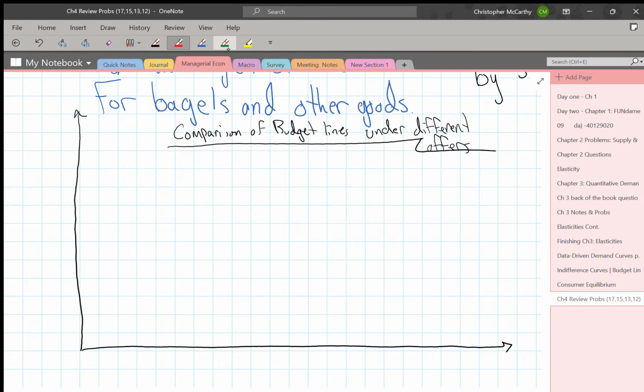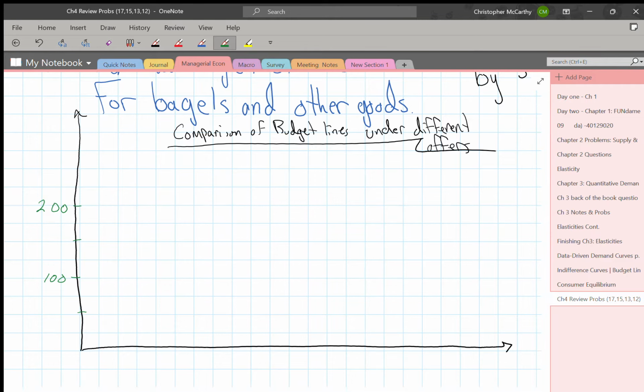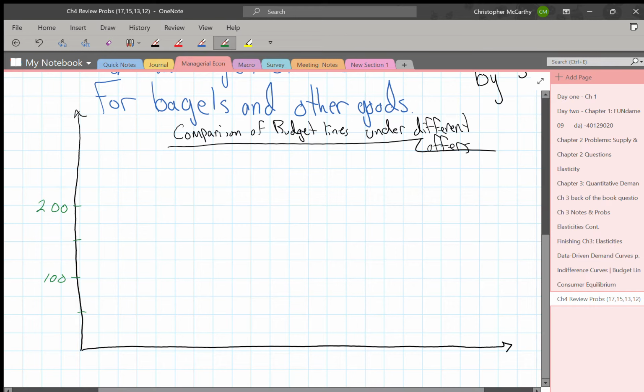So let's go ahead and do an initial one in green. We're told initially that they have $200, so let's say this is 100, 200. And we know that the bagels cost $6 each.